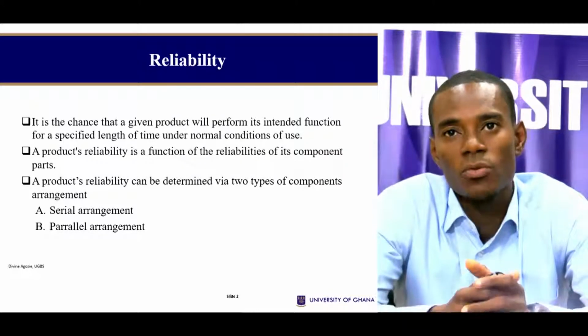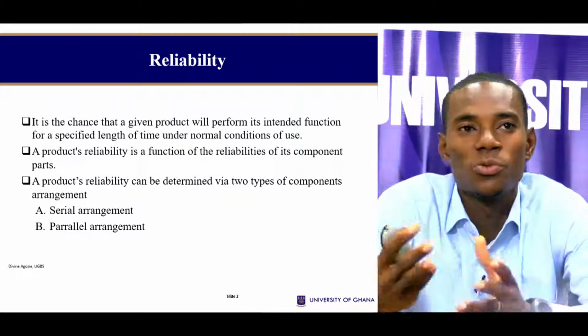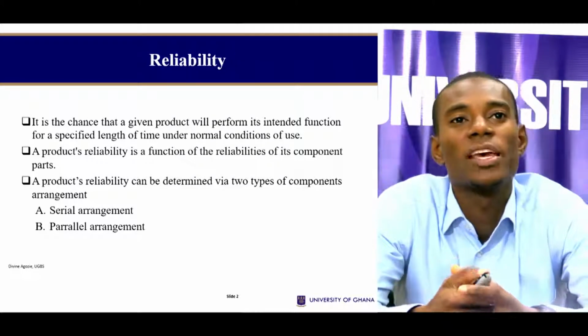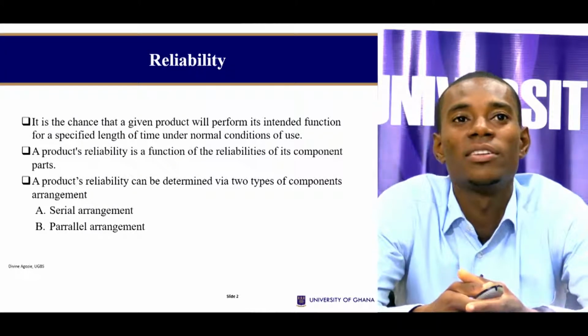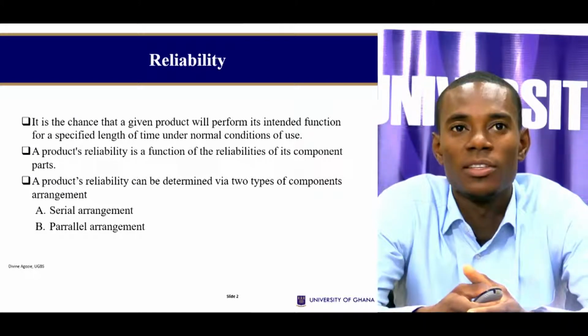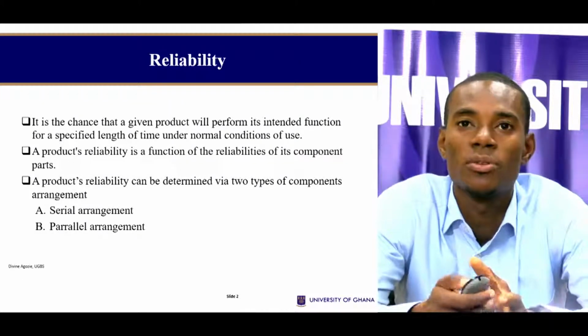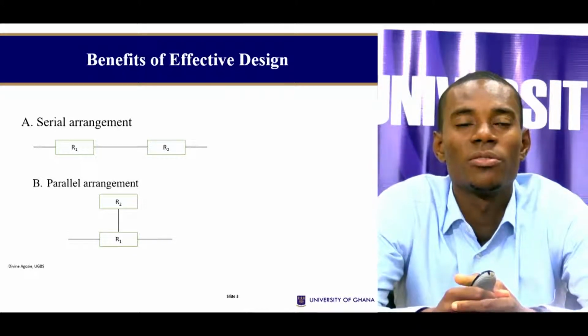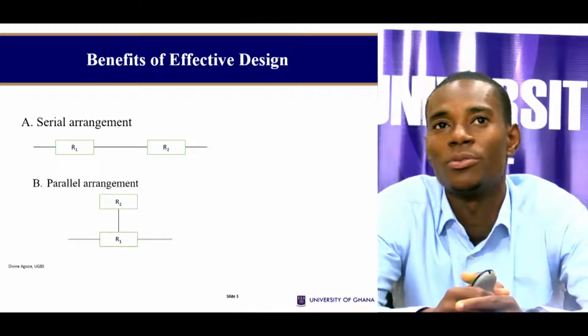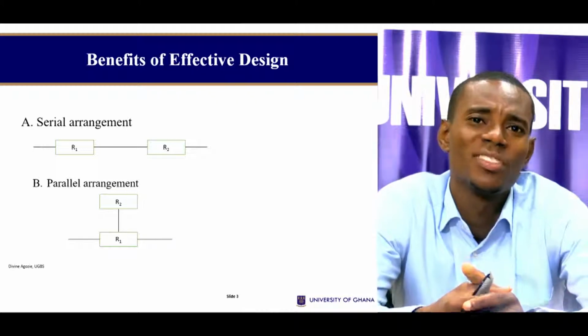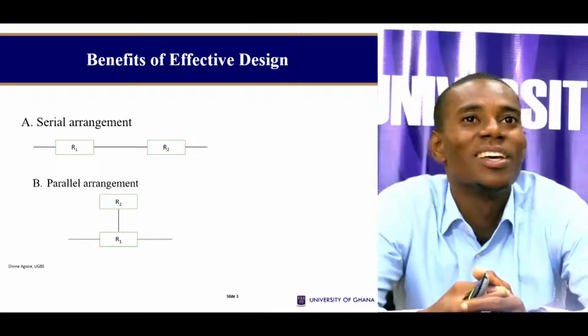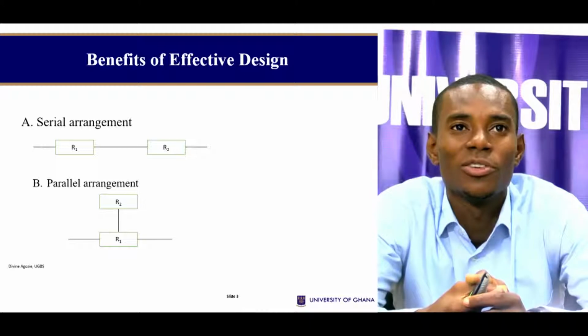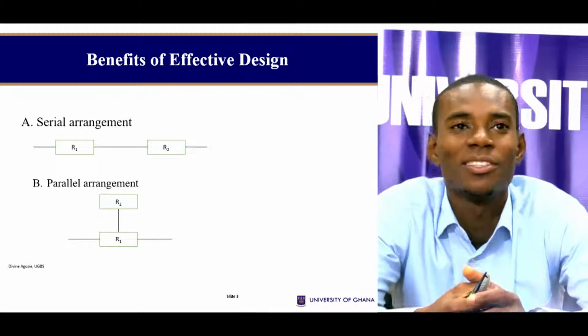So that's what we say when we assess what the reliability of a product means. Now, we can assess or visualize reliability in a serial arrangement or in a parallel arrangement. When we say it's a serial arrangement, we're just saying it's like a horizontal arrangement. I'm sure we've seen this in basic school when looking at power and batteries, when arranging cells in series.